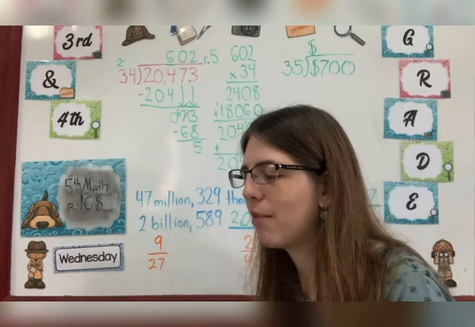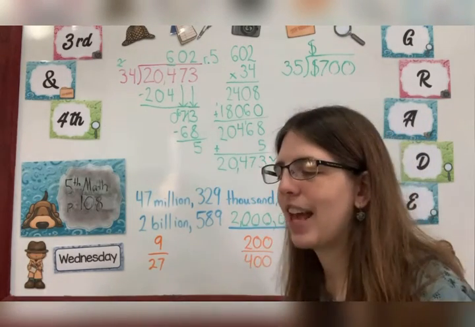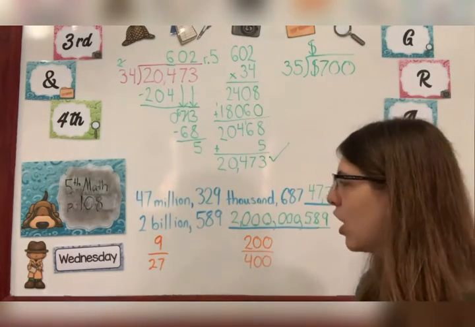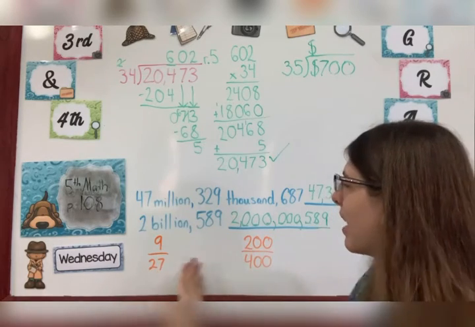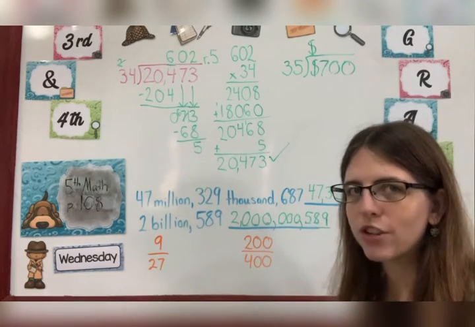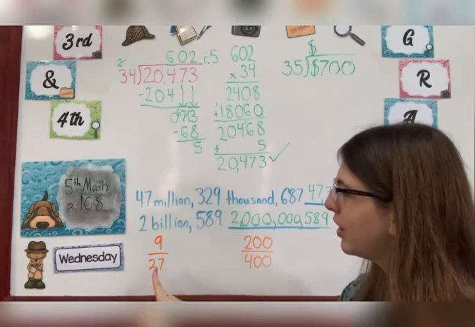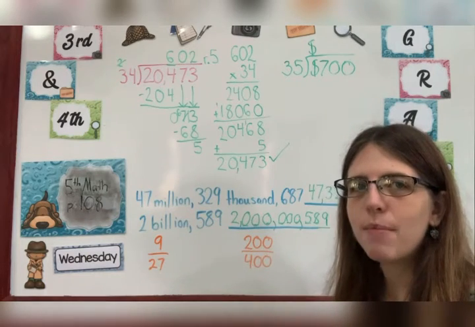All right, number 8 says draw lines to connect equal fractions. So you're given fractions. The first 2 you're given are 9/27 and 200 over 400. What you have to do is reduce them. So let's start with 9 over 27. What is their greatest common factor?